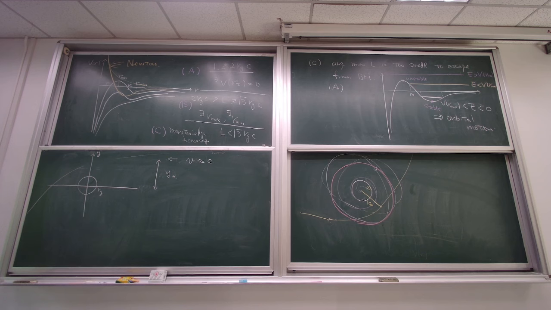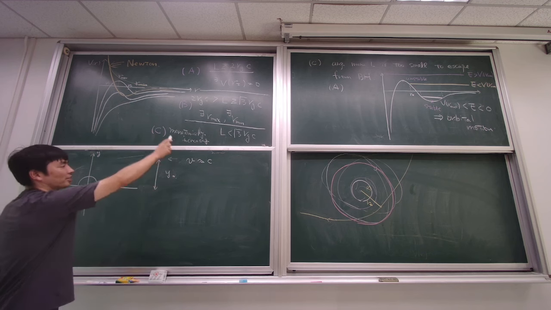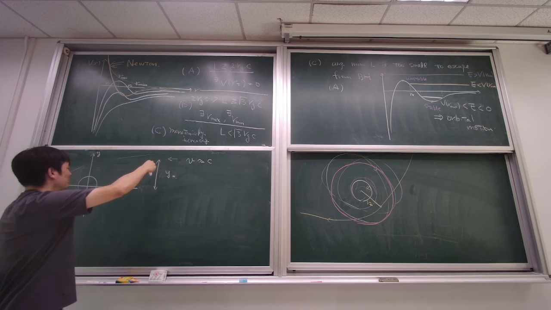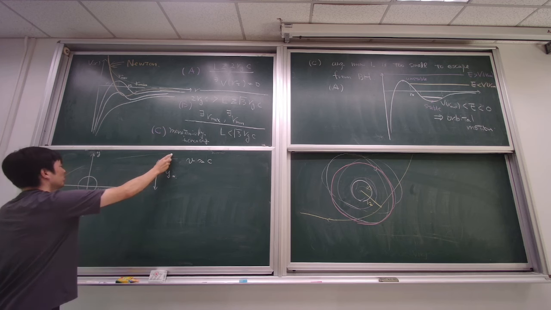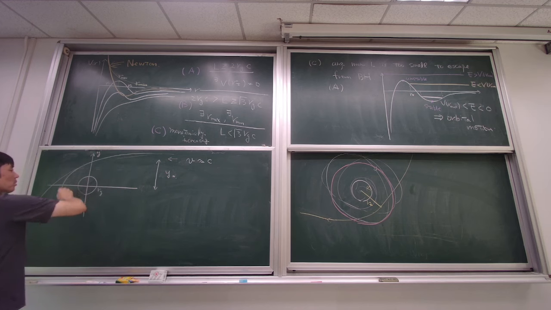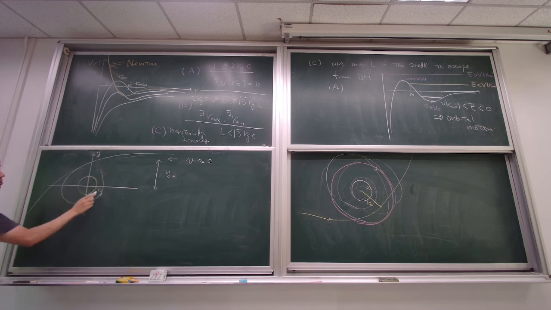And if it gets gradually closer to the Schwarzschild radius, it becomes something like this. This can occur.